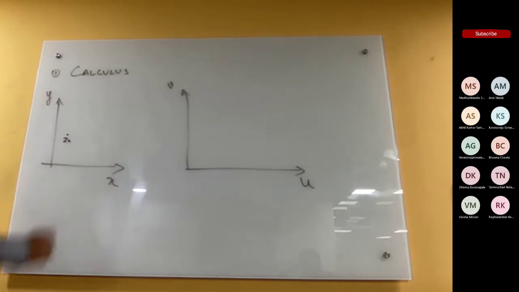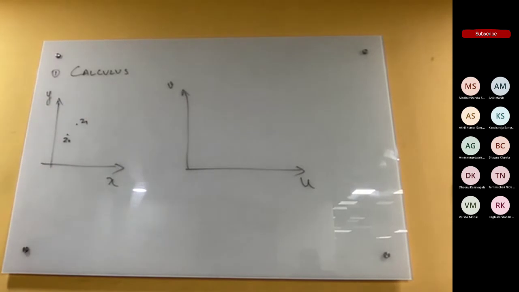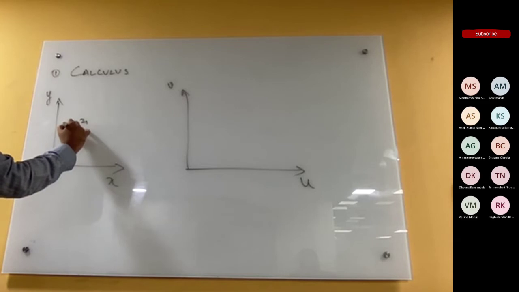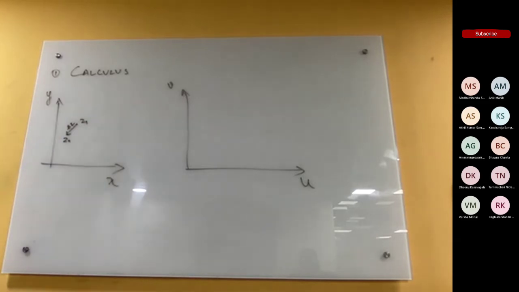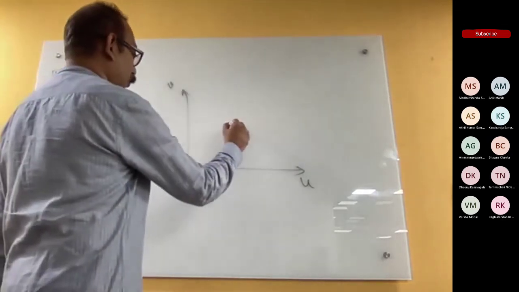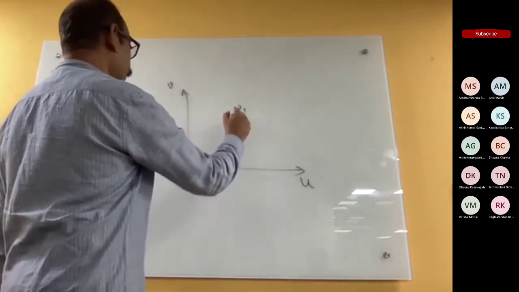Let's say there is some point Z0, and there's some point Z1, right? You are approaching Z0, limit. So let's say you're approaching it from Z1. This is your delta Z, correct? As you are approaching closer and closer from a particular direction. Similarly here, you say W0 and you say W1, okay?